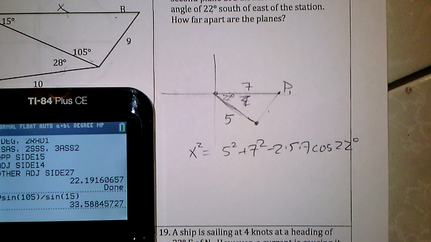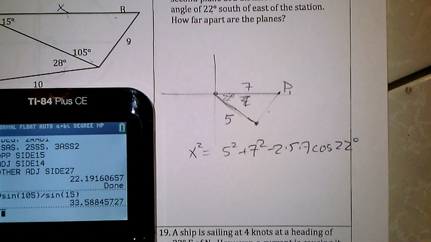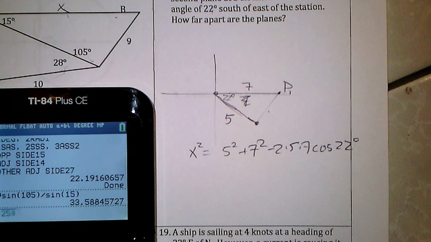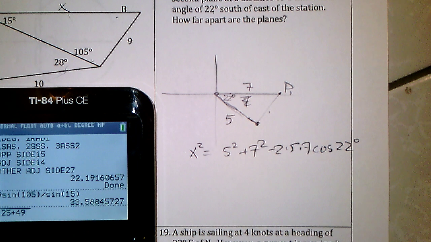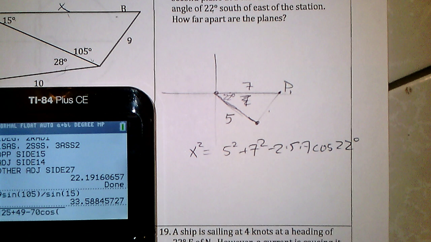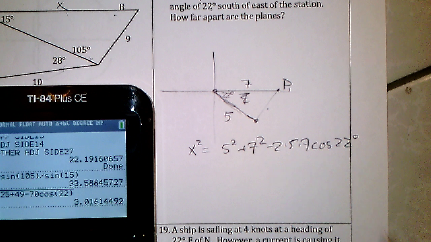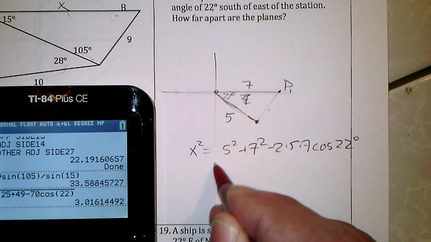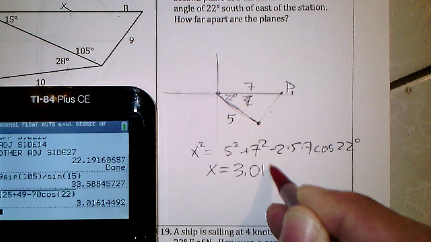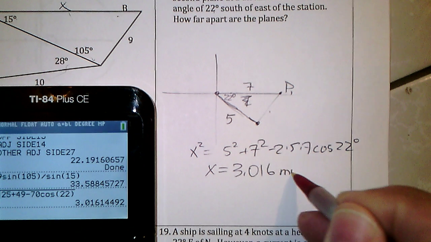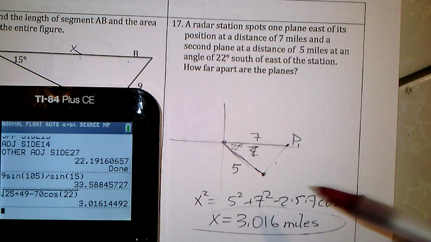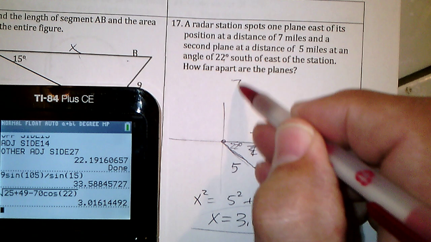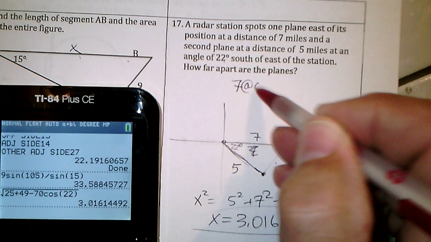So we're going to do the square root of 25 plus 49, minus 70 cosine of 22. And we get x equals 3.016 miles. Now, if you wanted to do it in the table, we would have 7 at 0 degrees.